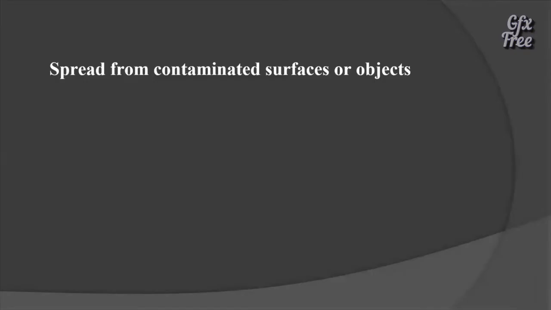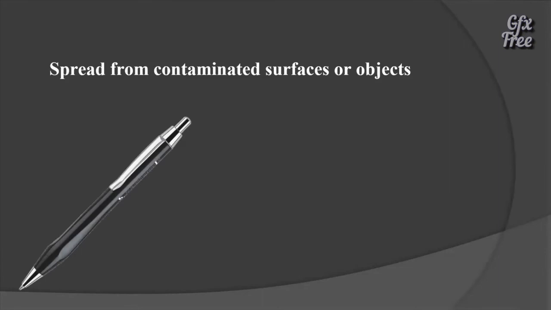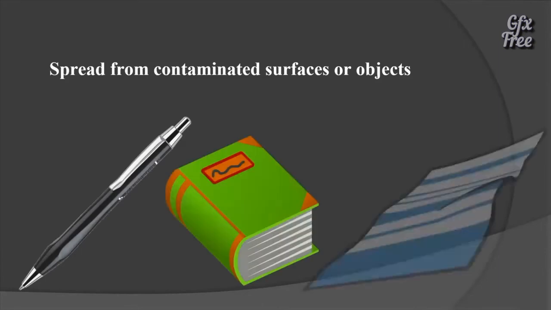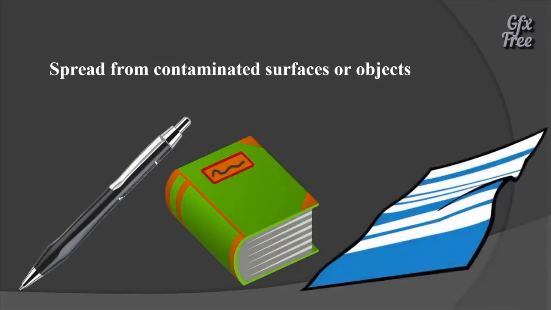Spread from contaminated surfaces or objects, like a pen, book, or a towel, or anything of that sort which comes in close contact with an infected person. If another person touches it or comes in close contact with these objects, there are high chances of getting infected.